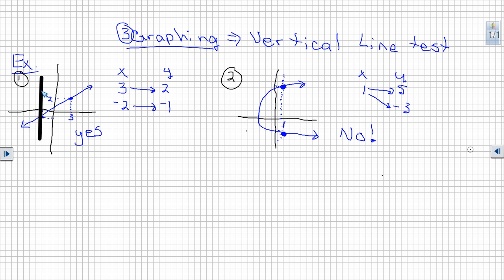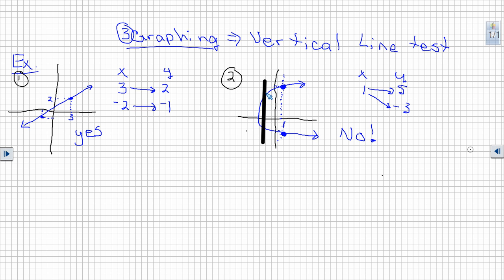You should be able to take your pencil or a vertical line and move it throughout your graph. Do you see how the blue graph never touches the black vertical line more than once? Touches it once. Touches it once. That's a function. Whereas over here, if I do the same test, bam, right there.